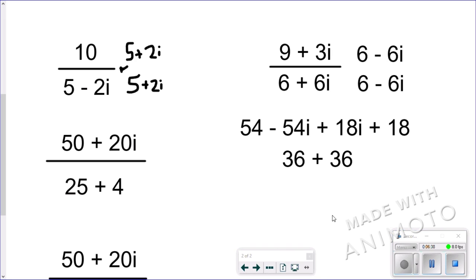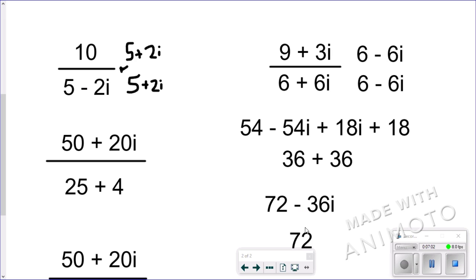So we have that, and then we can simplify by combining all of our like terms. So doing that, 54 plus 18 is 72, and then negative 54i plus 18i is negative 36i, so 72 minus 36i, and that's going to be over 72.